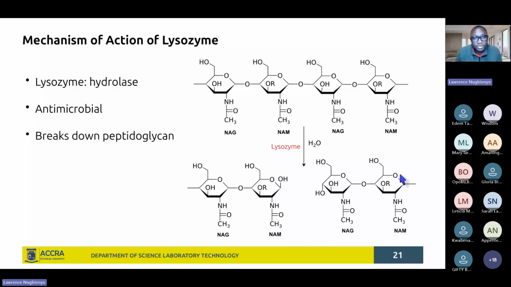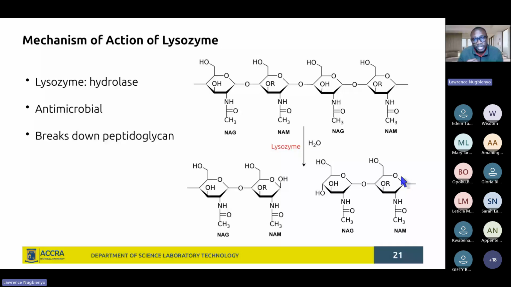Then the mechanism of action of lysozyme as another example. We take lysozyme, this time with carbohydrates. Lysozyme is what we refer to as a glycoside hydrolase.